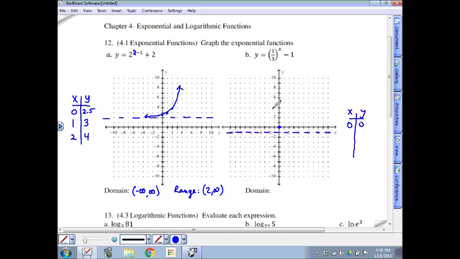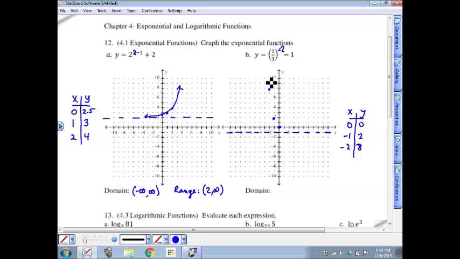Knowing that the graph is going to be up here in this region, I'm going to choose some negative values of x to see where the graph is over here. I'm going to choose -1. 1/3 to the -1 is 3, and 3 minus 1 is 2. So the point (-1, 2) is on the graph. I'm going to do one more point here, -2. If I plug in a -2 for x, 1/3 to the -2 power is 9. 9 minus 1 is 8.